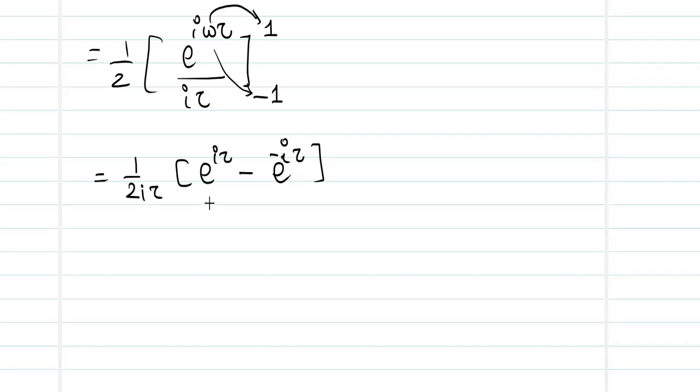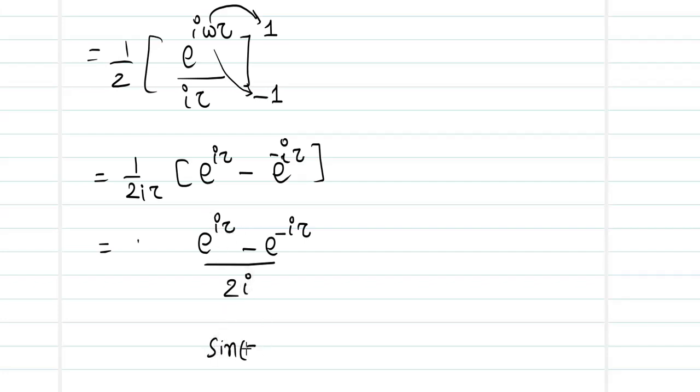You can stop here, but we have already seen in our hints that it is best to express them in terms of trigonometric functions. What will be the trigonometric equivalent? You know that e power i theta minus e power minus i theta divided by 2i is nothing but sin theta.